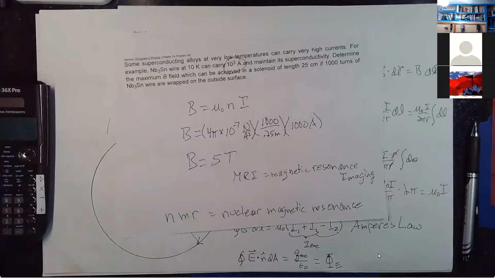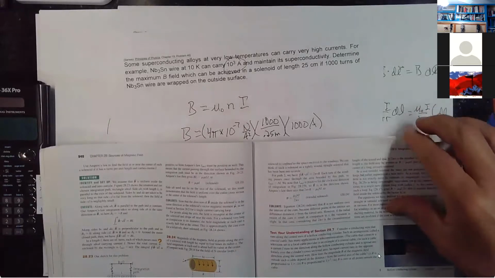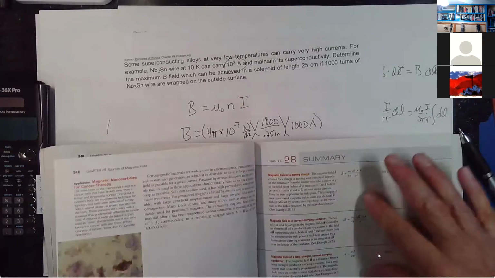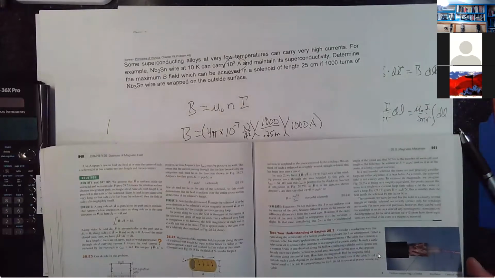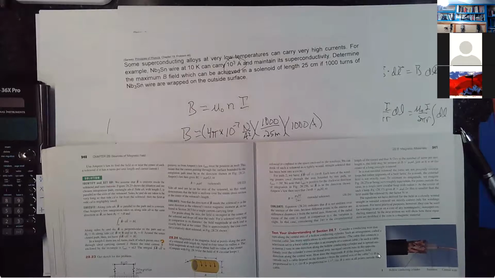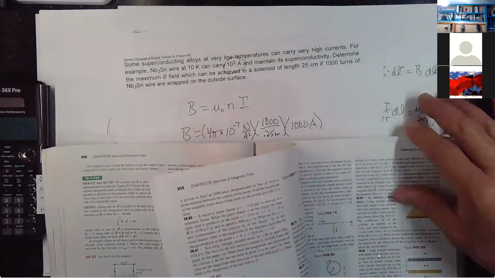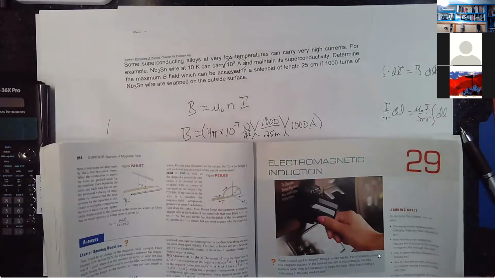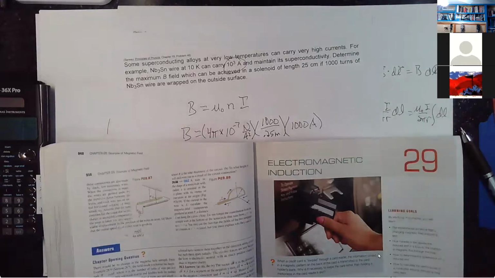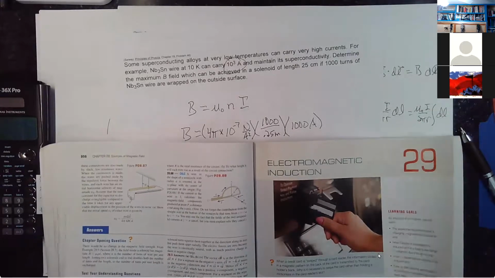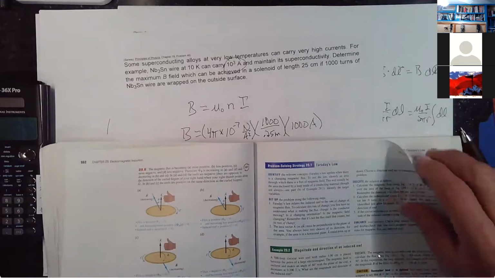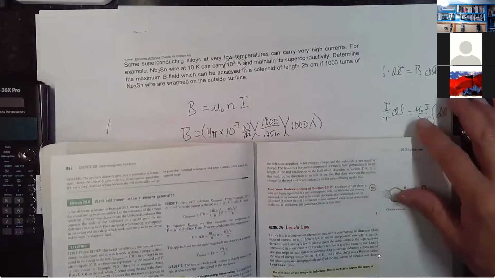Tomorrow, let's see. We looked at solenoids. I think I want to start looking at the next chapter, but no, maybe we'll look at magnetic materials tomorrow, which is the last section in 28.8, and talk a little bit about where magnetism comes from in ordinary materials, or sometimes not ordinary materials. And then our last section in magnetism will be chapter 29, which is on electromagnetic induction, where we'll start looking at magnetic flux.